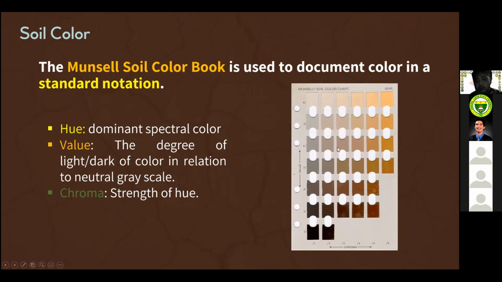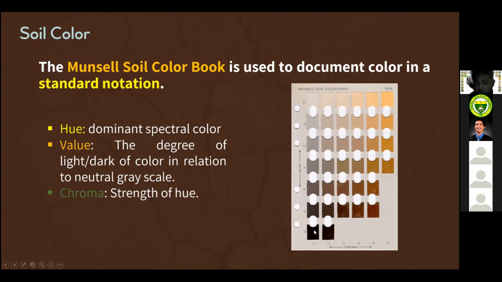So here in this image, as you can observe, this is one page of our Munsell soil color chart. The 10YR here in the upper right is what dictates the hue. Okay? So that means 10 yellow red. Then the vertical is the value.